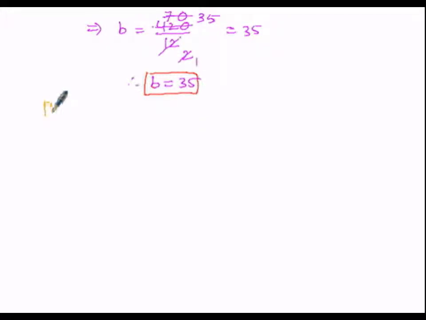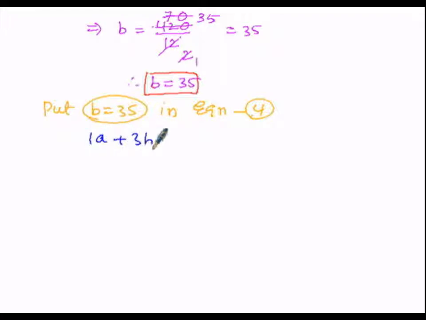So here put b equals 35, this value, in equation number 4. Equation number 4 is 1a plus 3b equals 150.